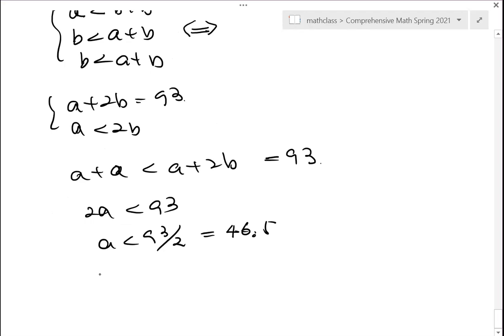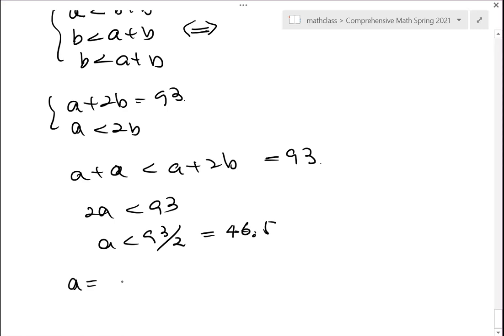And then A could be, I think A must be odd, because 2B is even, right?